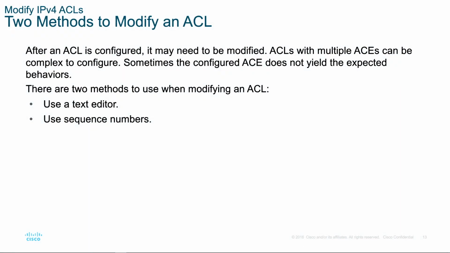Now, modifying your ACLs once they're on the device, you can edit them within the device, but word of warning, you can get very unexpected results by doing that, because we can inject information in using sequence numbers.